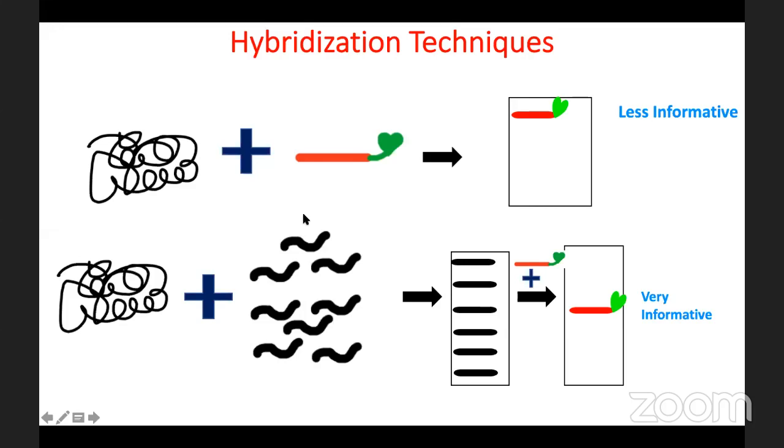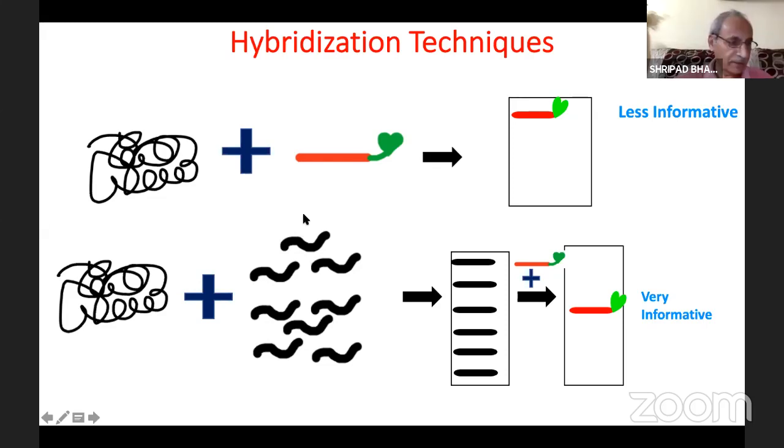Northern is for expression. If you want to see whether a particular fragment is being expressed in the sample, you go for Northern. If you want to see whether the protein is present or not, then we go for Western blotting. The hybridization maybe we can take up separately. This is in short. That's fine.